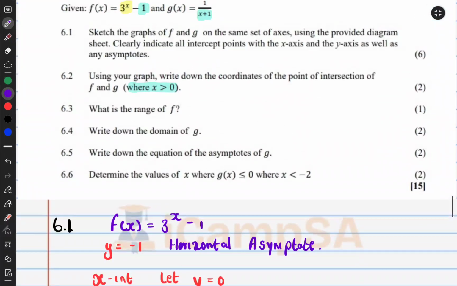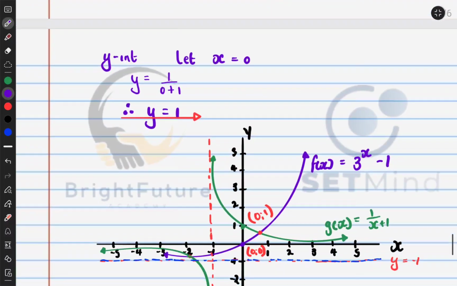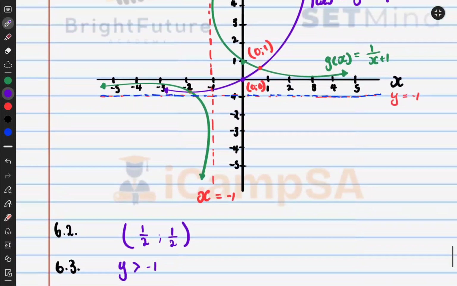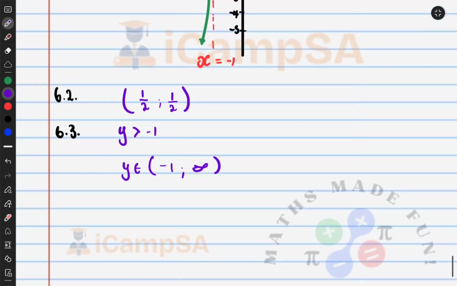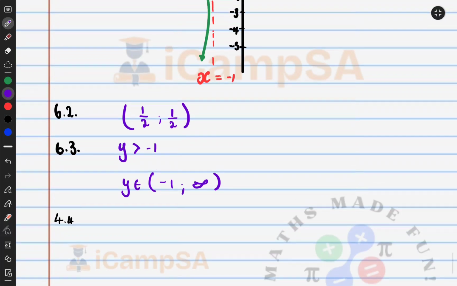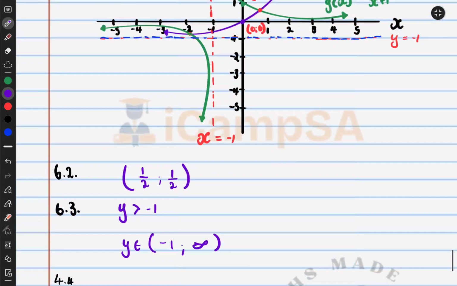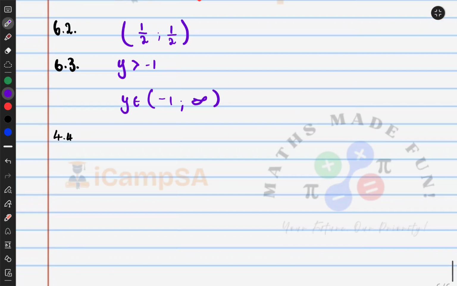Okay, domain of g, the hyperbola now, 6.4. For the domain of g, we can see that g exists for all the x values except x equal to -1.